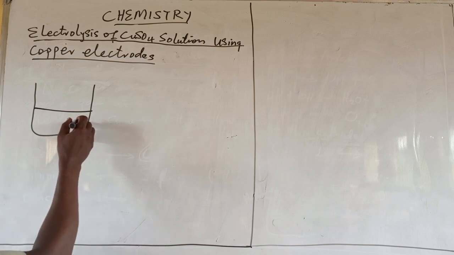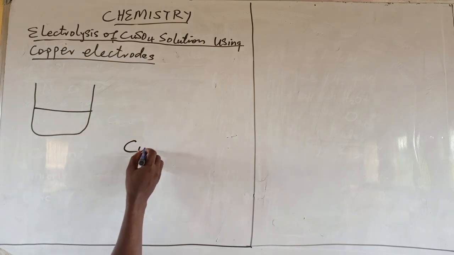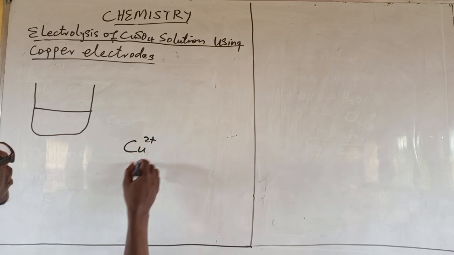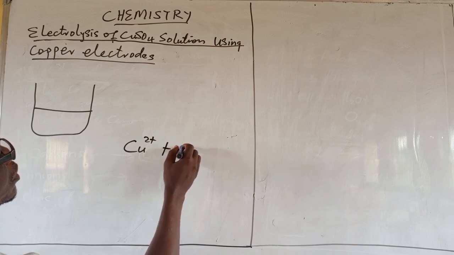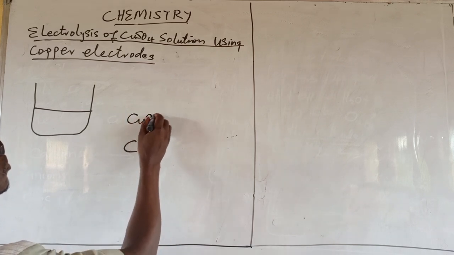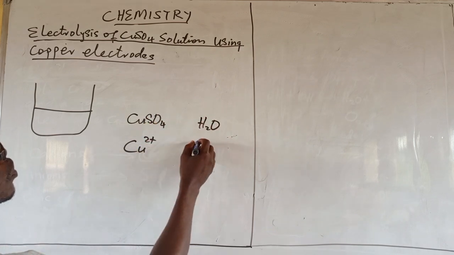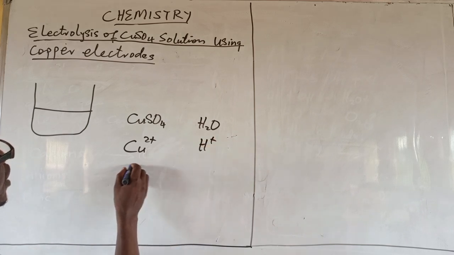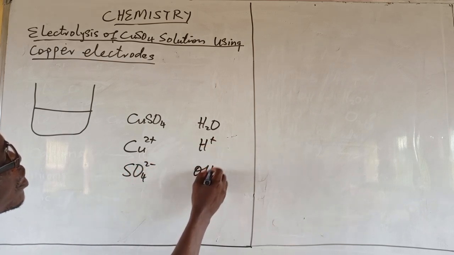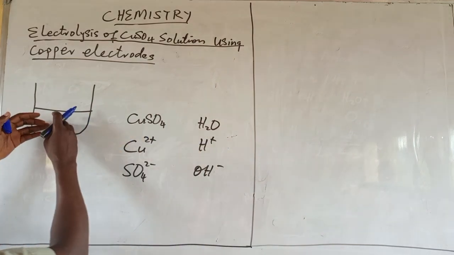The solution contains Cu2+, okay, let me just write, this is from CuSO4 and H2O. You have Cu2+, you have H+, you have SO4 2-. Now, all four of them are in the solution.